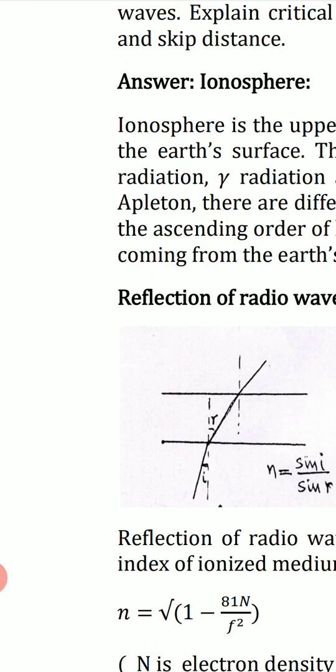The ionosphere reflects the radio waves coming from Earth's surface and sends them back to Earth's surface at another place. In this way, radio waves can be transmitted on Earth's surface from one place to another.